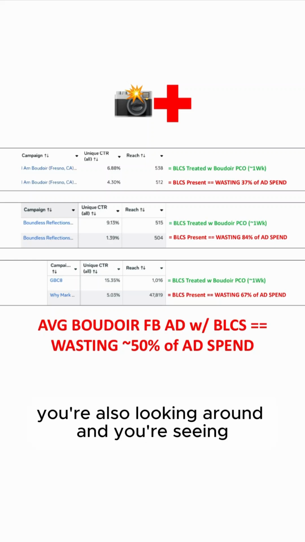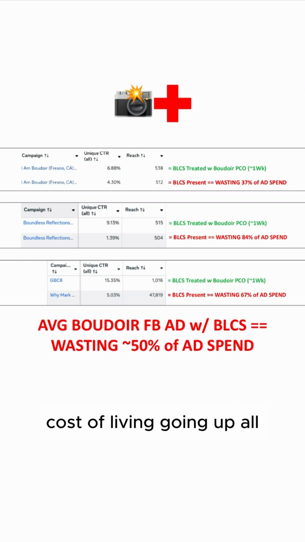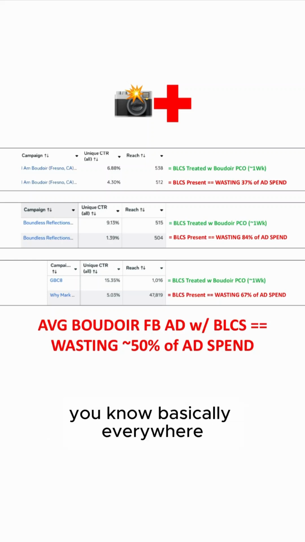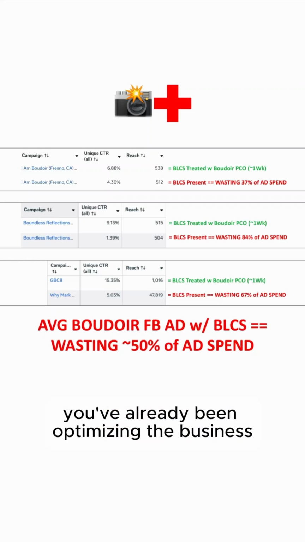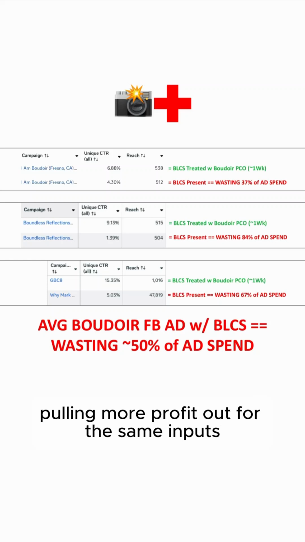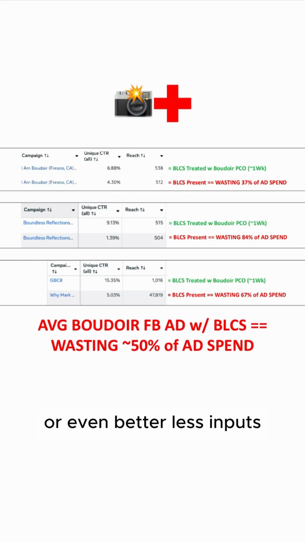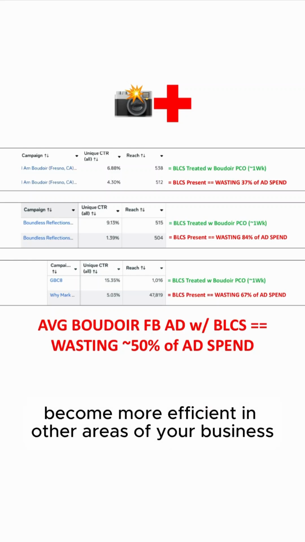And you're also looking around and you're seeing inflation, cost of living going up basically everywhere. So you've already been optimizing the business, pulling more profit out for the same inputs, or even better, less inputs, becoming more efficient in other areas of your business.